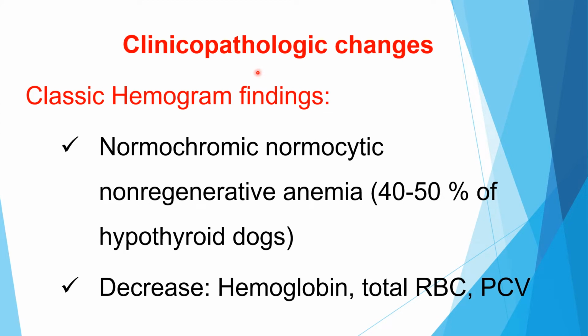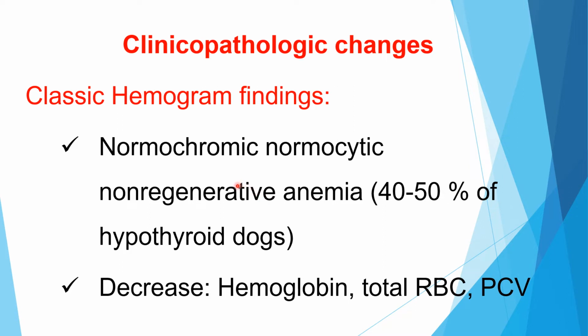Clinicopathological changes: here we see the classical hemogram findings, classical serum biochemistry and urine analysis. First we will see the classical hemogram findings. In hypothyroidism, we will see a normochromic, normocytic, non-regenerative anemia.